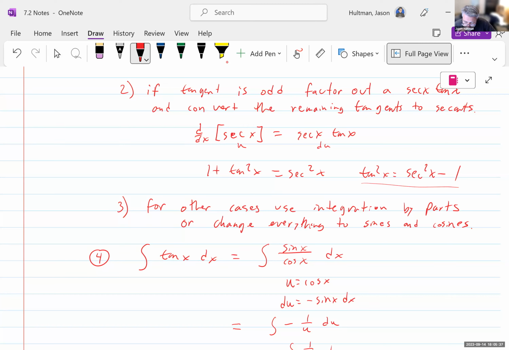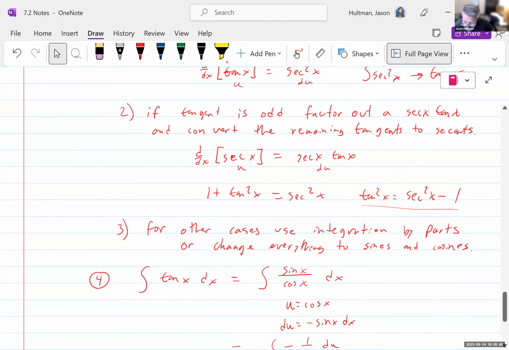Yes, that's correct. If tangent is odd, factor out a secant tangent, and that'll leave you with an even tangent. And then you convert all the tangents to secants.